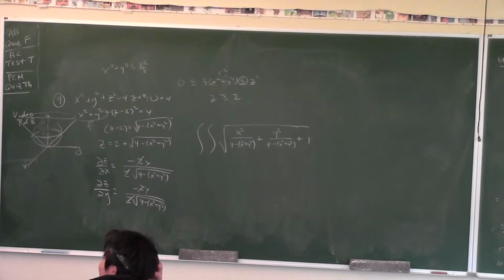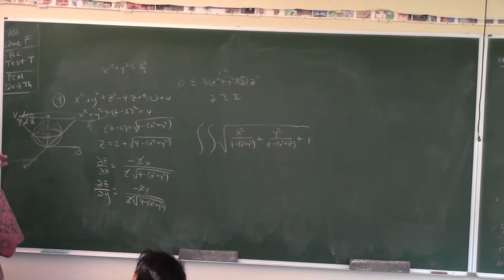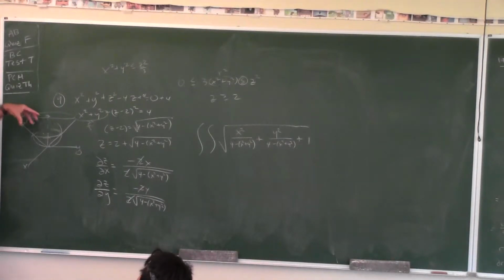It's amazing you can do two things at once. Think about it. Do we really have to figure that out? Yes, because remember, we have to smash it down onto the XY plane. We have to know where it intersects the sphere.